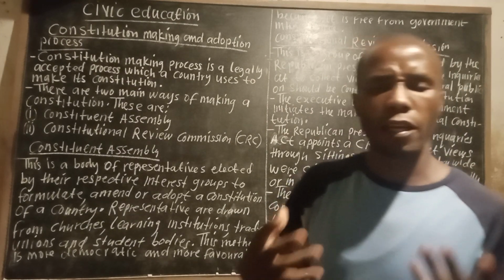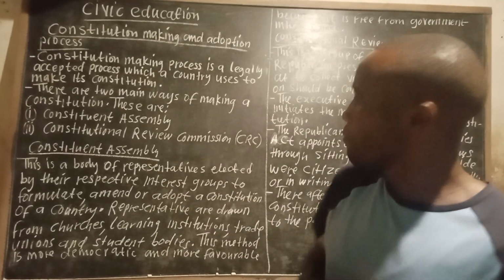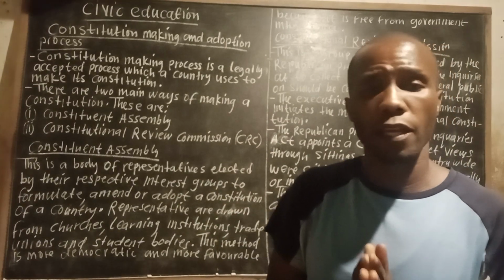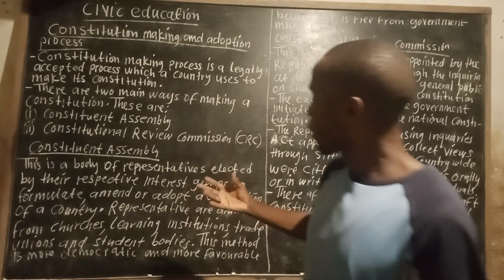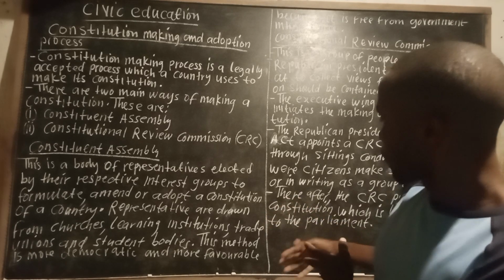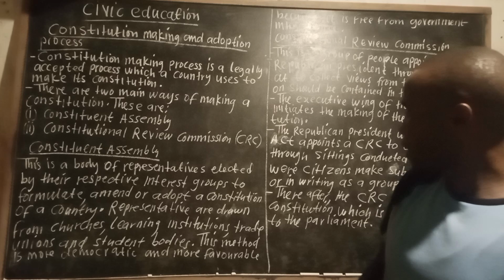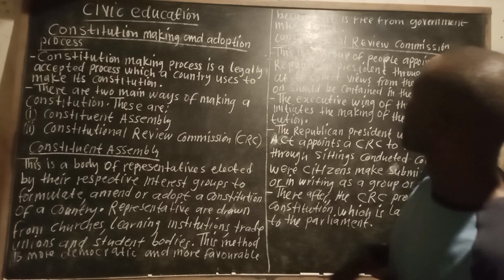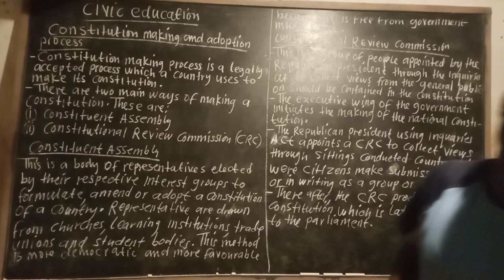Now, what is the good part of the Constituent Assembly, one way of making or adopting a constitution? This method is more democratic and more favorable because it is free from government interference.